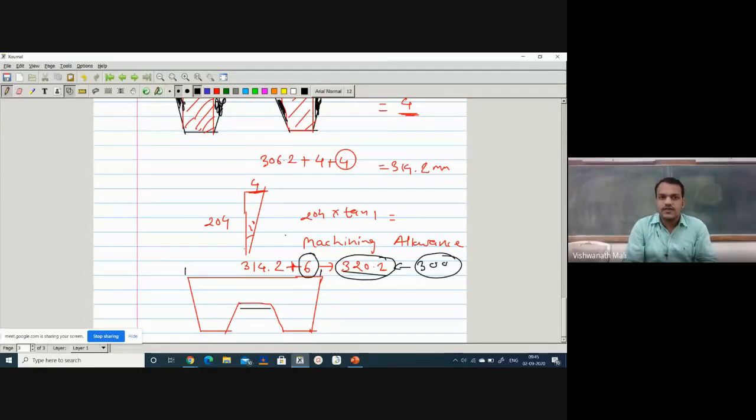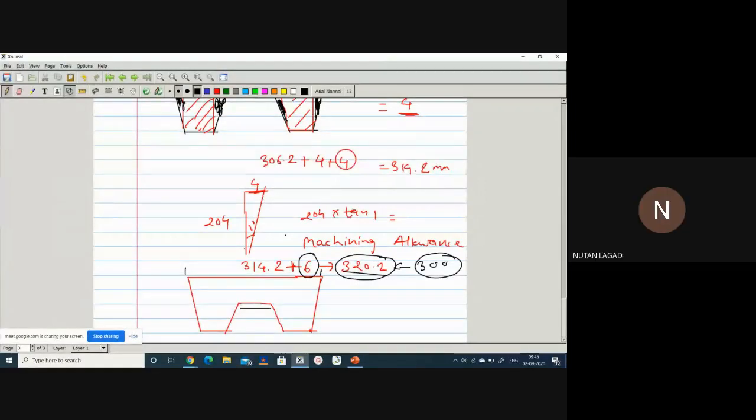Remember that, so problems are not there. I'm going in detail so that you can understand how exactly we use the dimensions. We only have the introductory part. What are the allowances and why we give allowances? I'm explaining that with the example. Whenever there is external, we add it, and whenever there is an internal surface, we minus it.